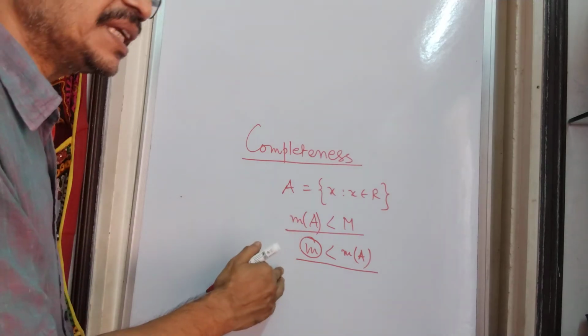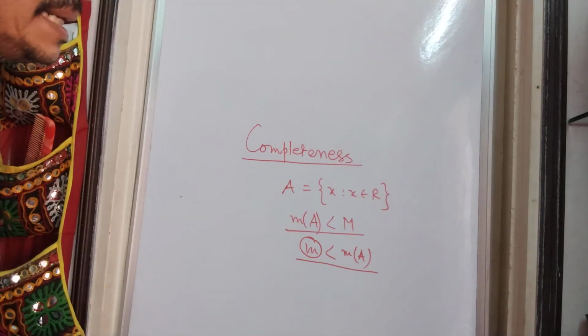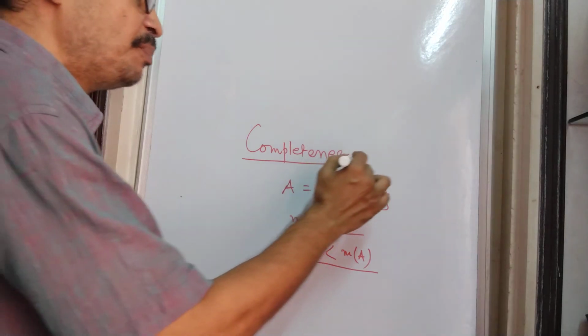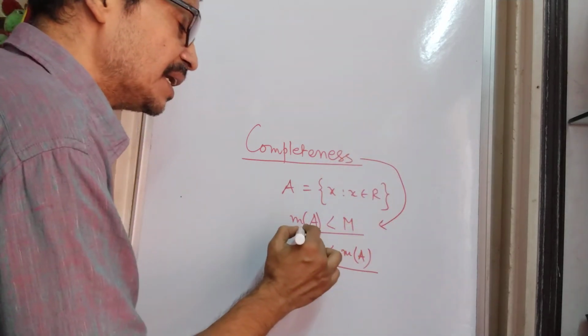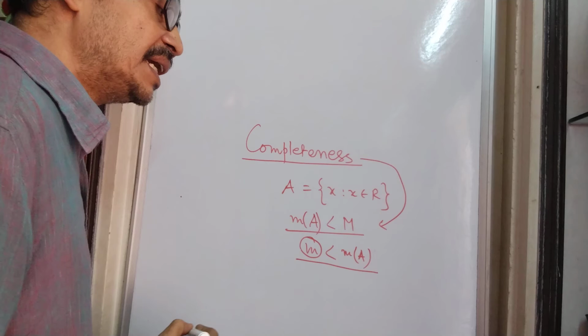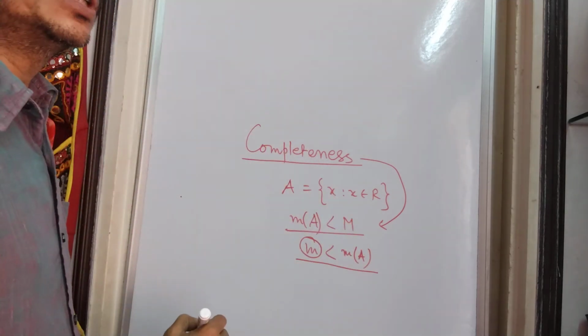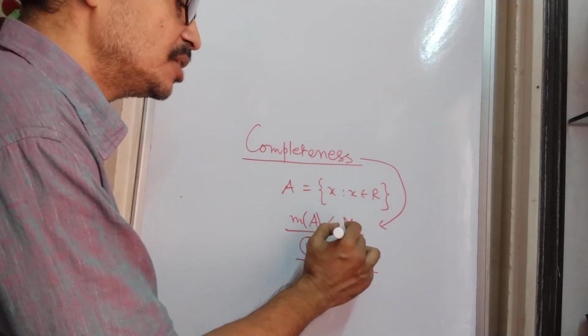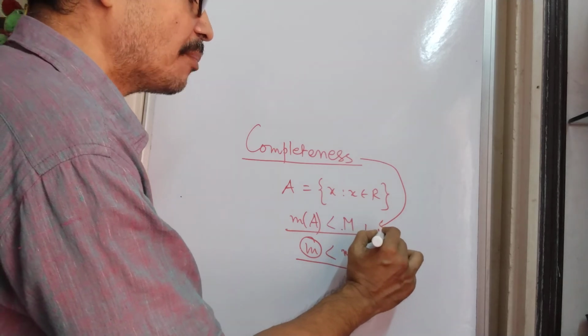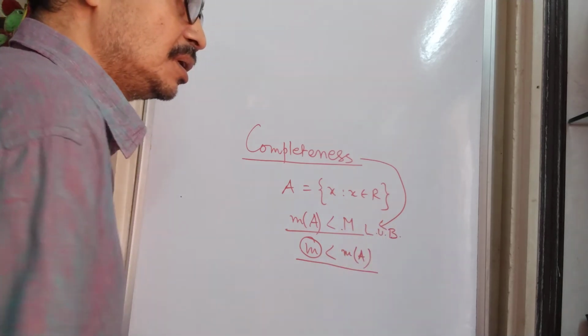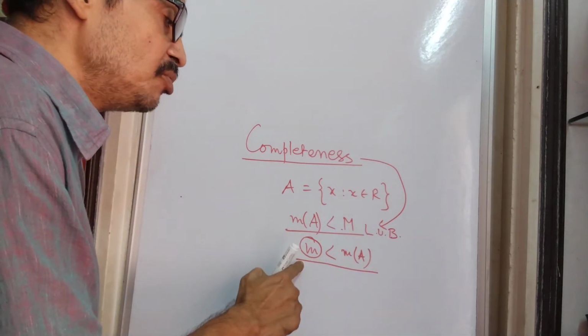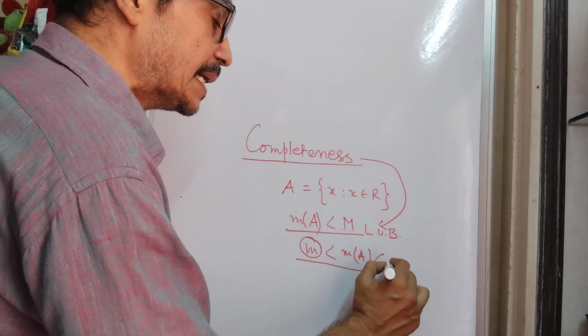You can easily feel the difference. But the point is that the completeness property states that whenever a set of real numbers is bounded, it attains its bound. That means whenever it is bounded, it has a least upper bound. And whenever it is bounded from below, it has a greatest lower bound.